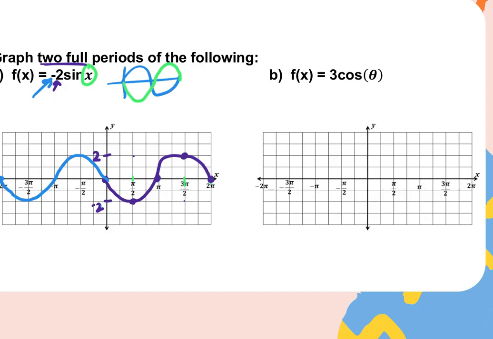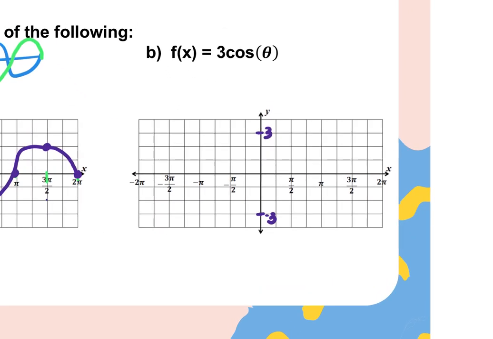Good. Changes my amplitude to 3. So I'm going up to 3 and down to -3. And it's cosine. Cosine, we start at the amplitude. Down, down, up, up. And cosine is even, so I'm literally going to reflect it back the other way.